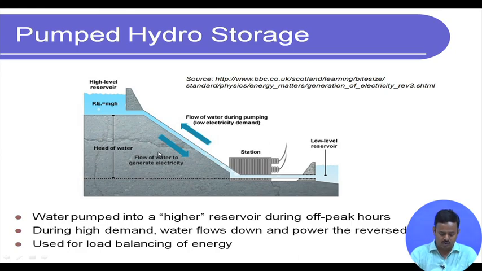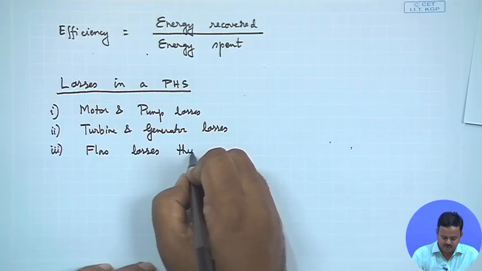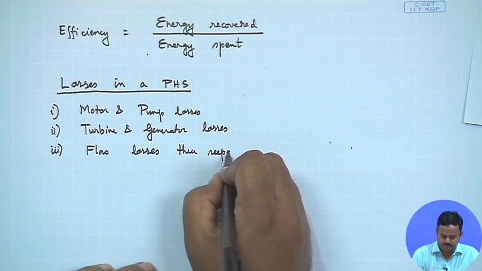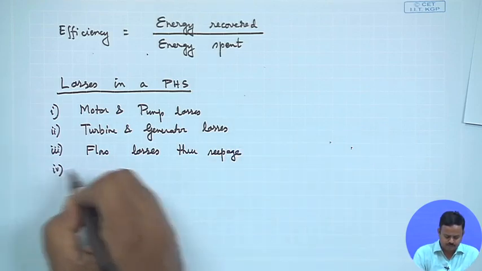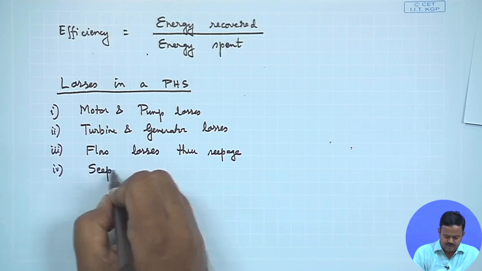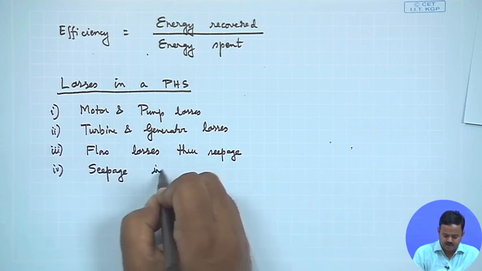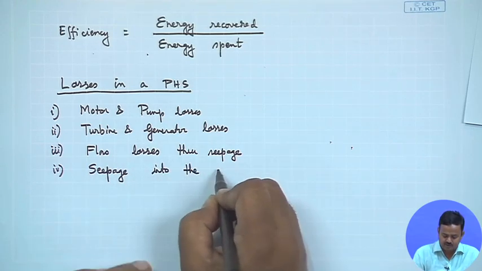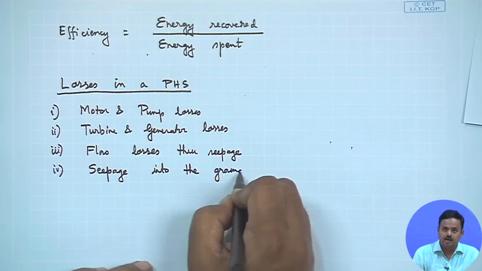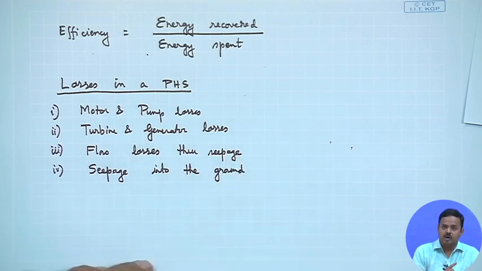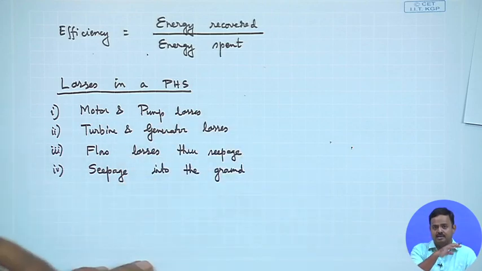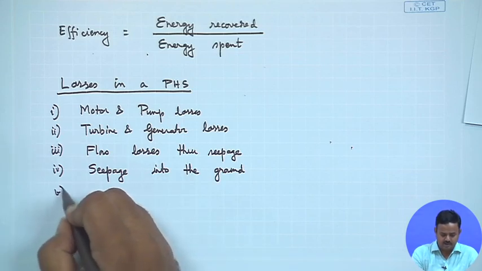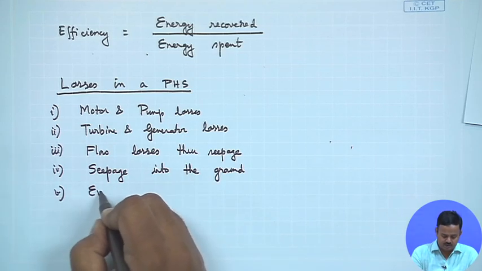So flow losses, let us say through seepage. There can be seepage into the ground, especially from the top reservoir, because after it is pumped up, it is staying there. So, something can seep in, and there can be evaporation also during storage.